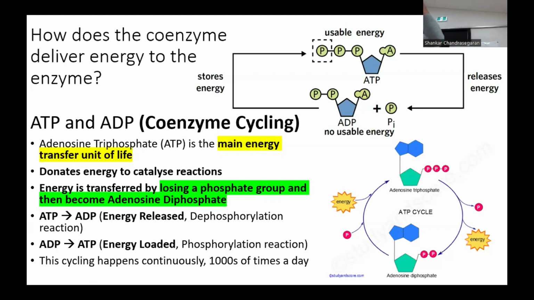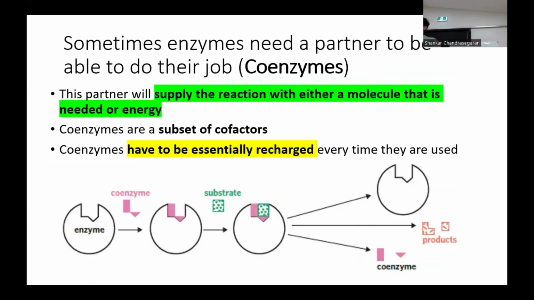So coenzymes, think of it as supplying energy to carry out the catalytic activity of enzymes, and they do it by binding to the enzyme first, allowing the substrate to bind to that, then only undergoing the process. Okay, so it's very important that you know that the coenzyme binds first, then only allows the substrate to bind, and then it uses up the coenzyme to break down the products.